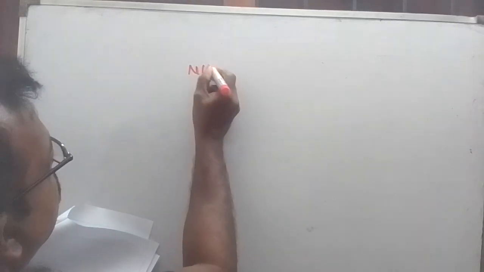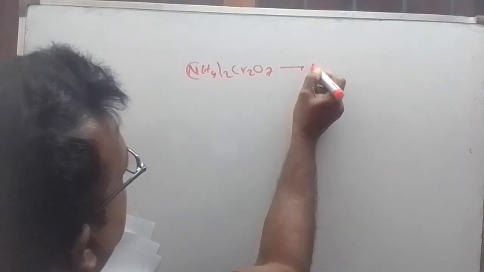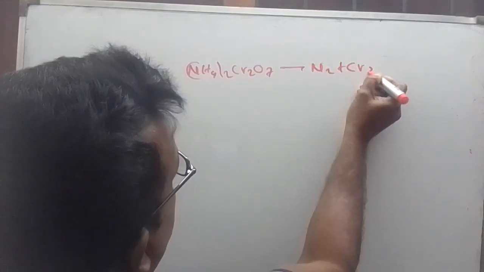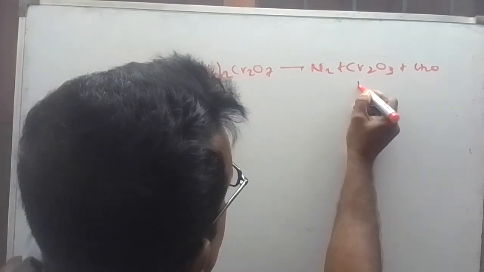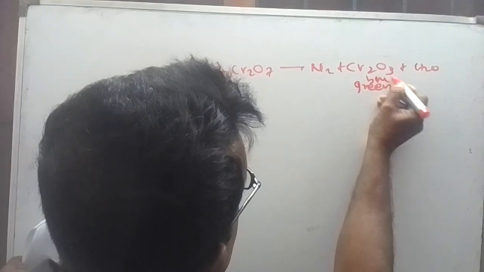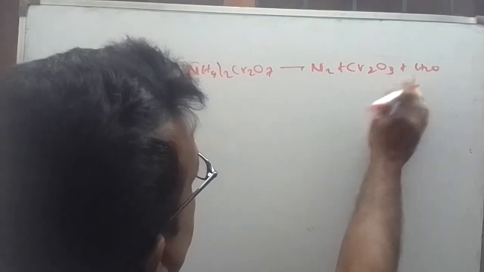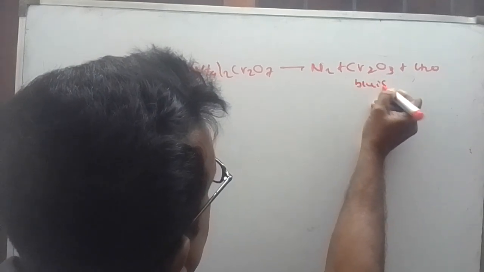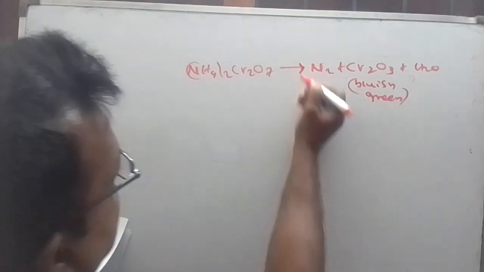When ammonium dichromate is heated, you have N2, Cr2O3 plus water. Cr2O3 is green in color, bluish green, actually. Bluish green in color, right?